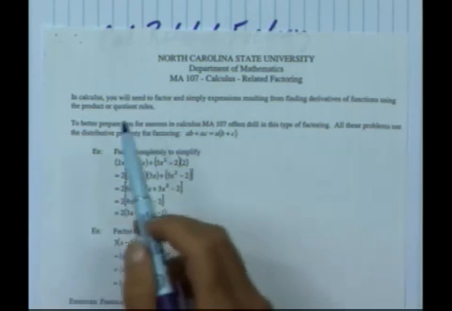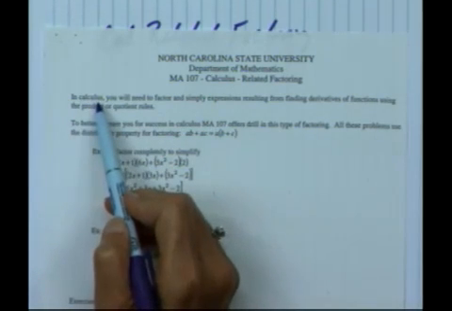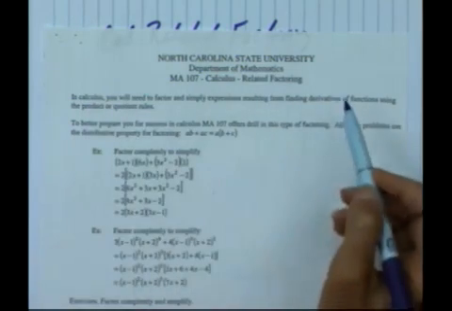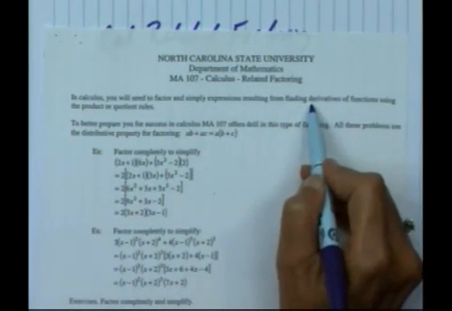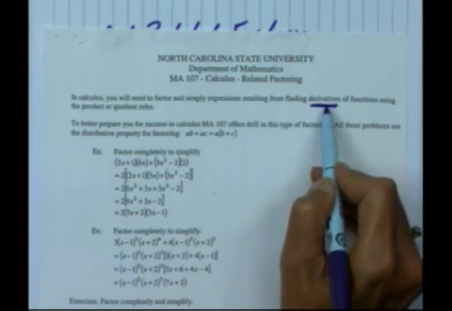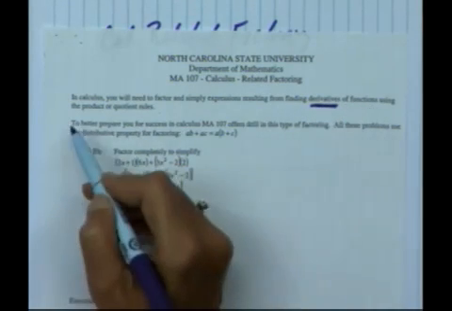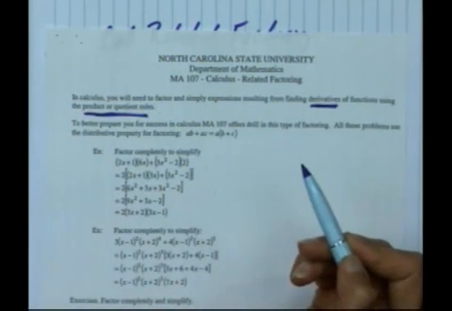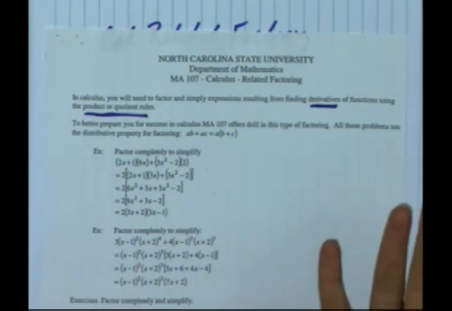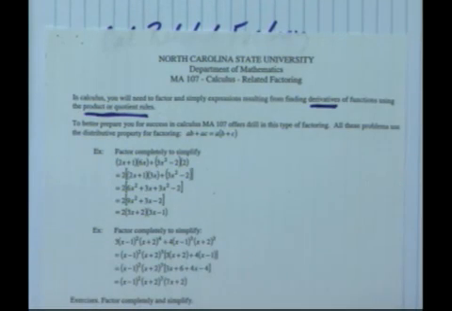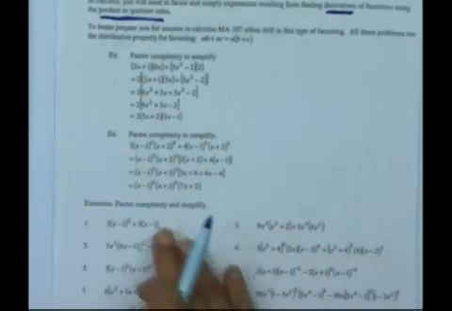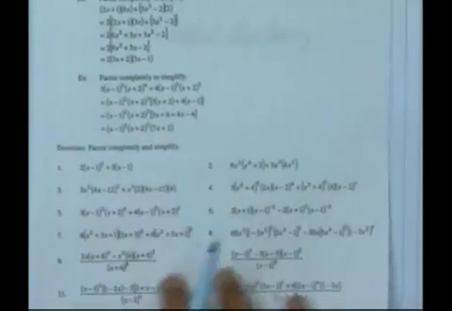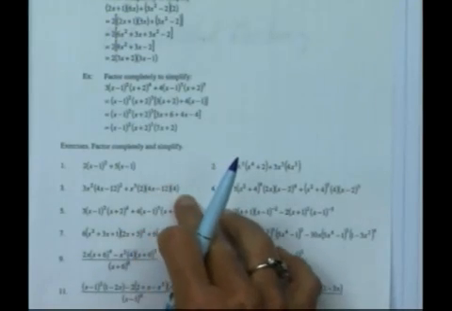It's a very calculus-related topic because in calculus, you're going to be taking derivatives of functions using what is called a product rule and a quotient rule. And once you do that in calculus, you're going to have to completely factor some of the things like you see here at the bottom.